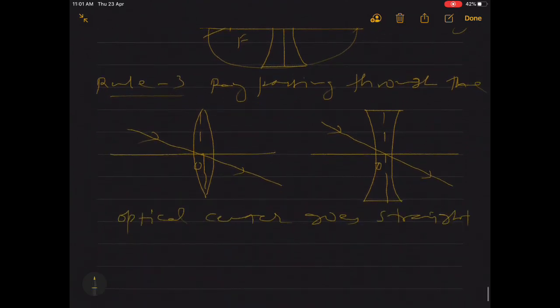This is enough for this concept. In the next lecture, we will talk exclusively about the image formation by the two lenses and what are the characteristics of the images so formed.